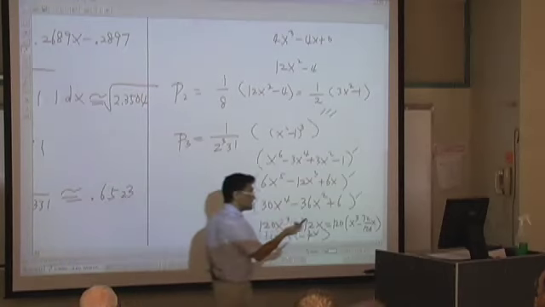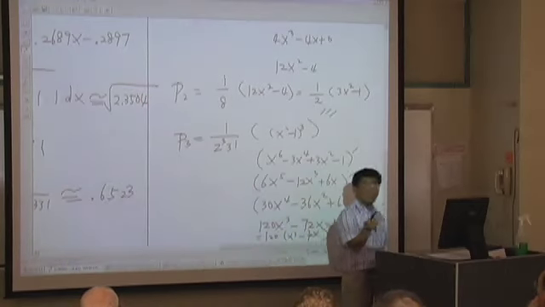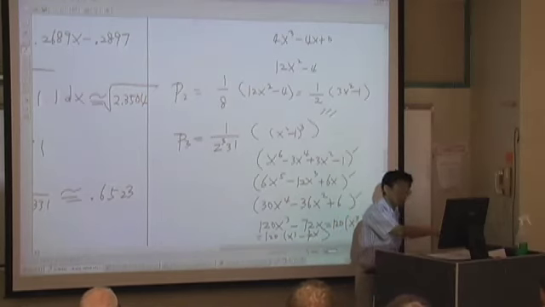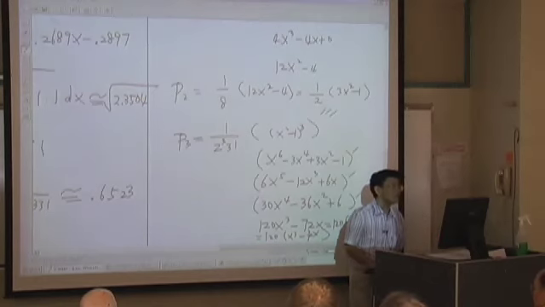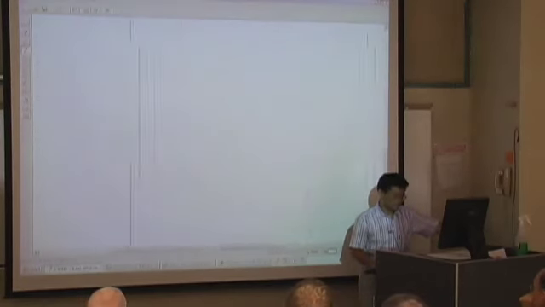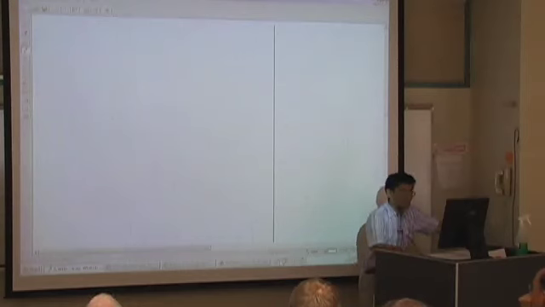Then the next thing is this. How can you find an orthonormal basis? The only thing that you should multiply in front of this piece is a normalization factor.